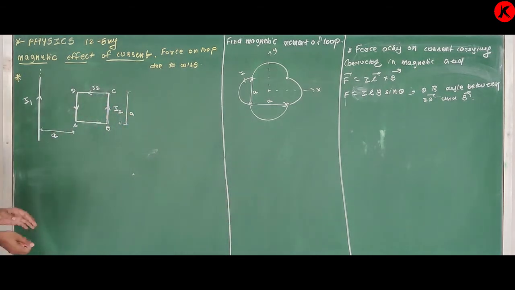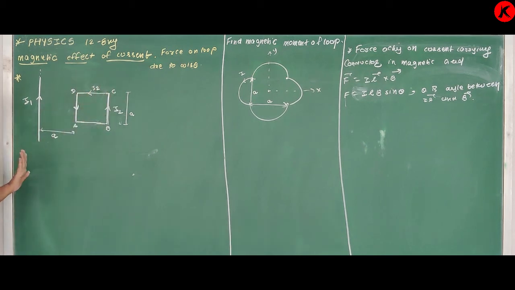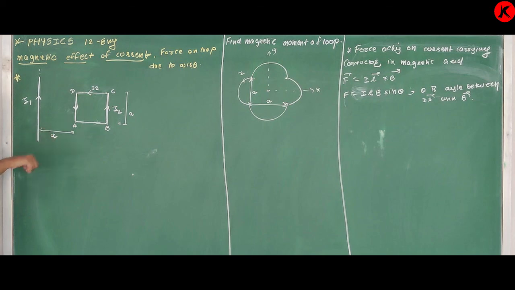We will see here. But see, as this whole square loop is on the right hand side of this wire, first of all, we will find the direction of the magnetic field. As current I1 is flowing in this direction and the square loop is on this side, using the right hand rule, fingers in this direction, thumb is going inside.